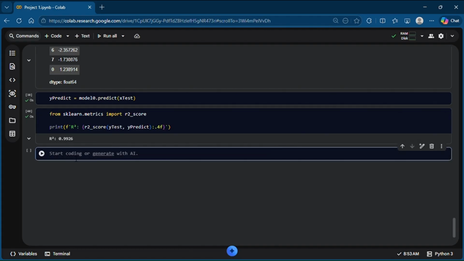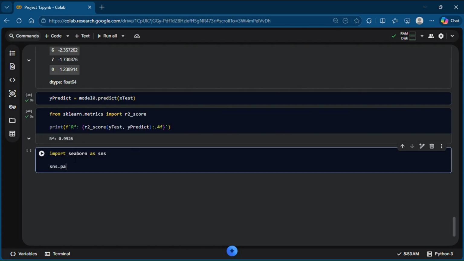And let's verify the linear behavior between the price and the other variables, parking spaces, area m squared, and total area, using seaborn. import seaborn as sns, sns.pairplot.